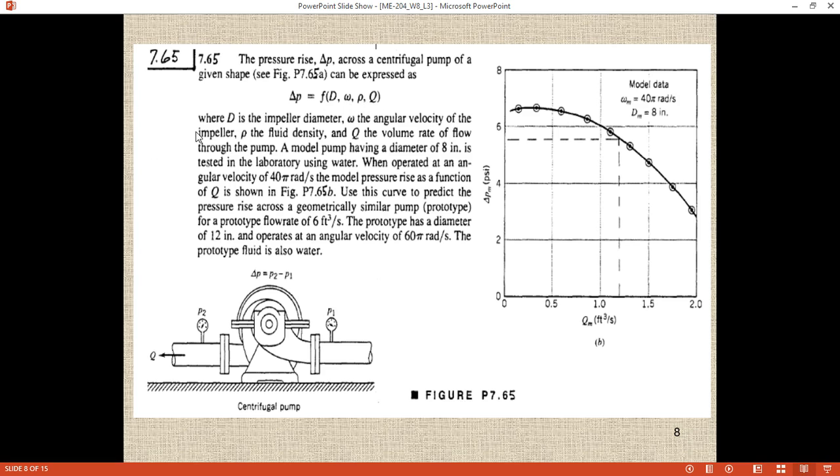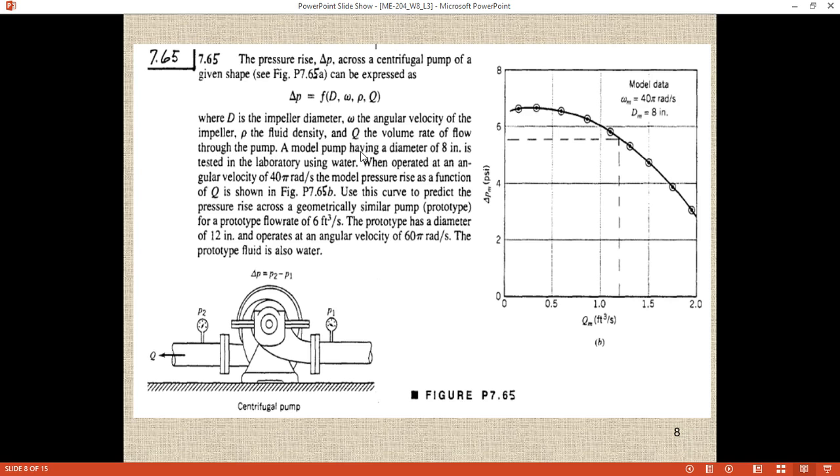So delta P is a function of these four variables, where D is the impeller diameter, omega is the angular velocity of the impeller, rho is the fluid density, and Q is the volume rate of flow through the pump.